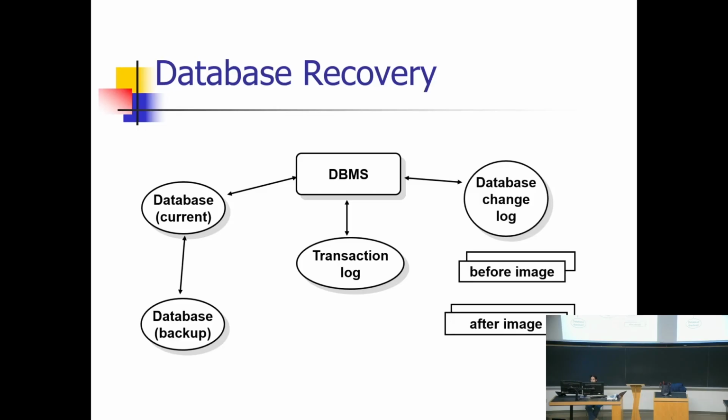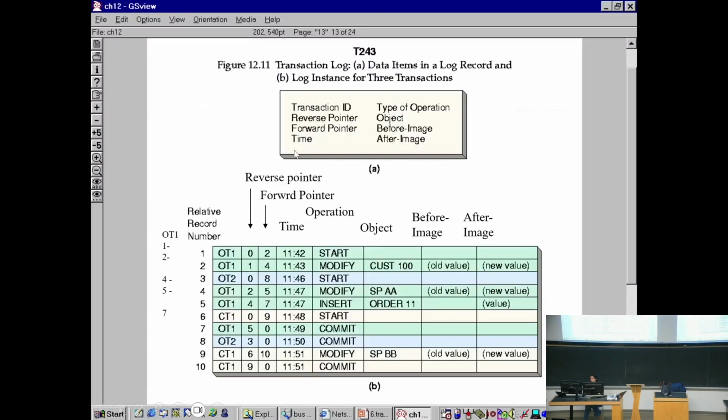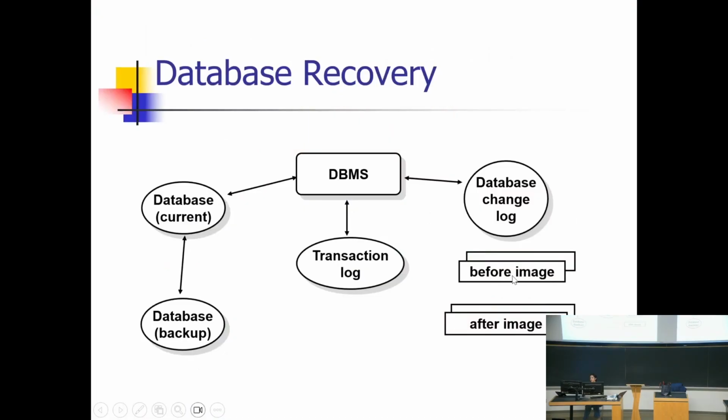Here you see how the DBMS uses different components to recover from failure. The transaction log, as you see here, records every action that each transaction performed. The database change log, which is here, just stores the before and after images.